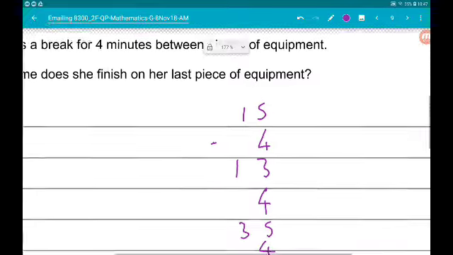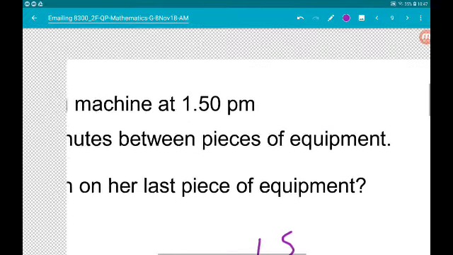So then we want the actual time that she finishes.